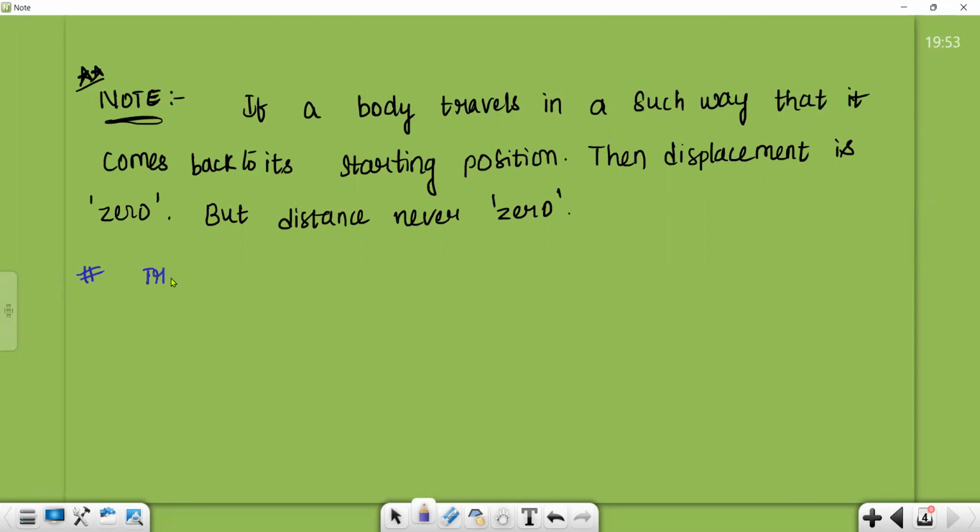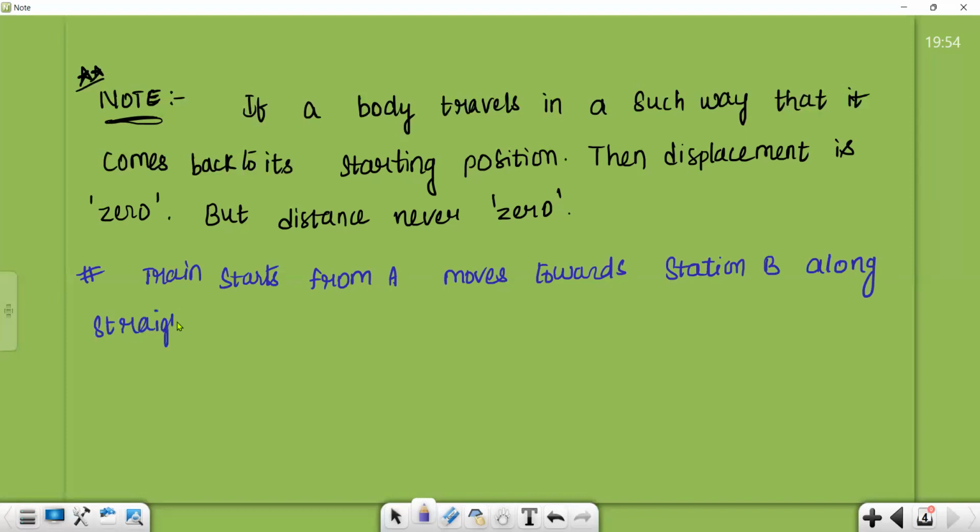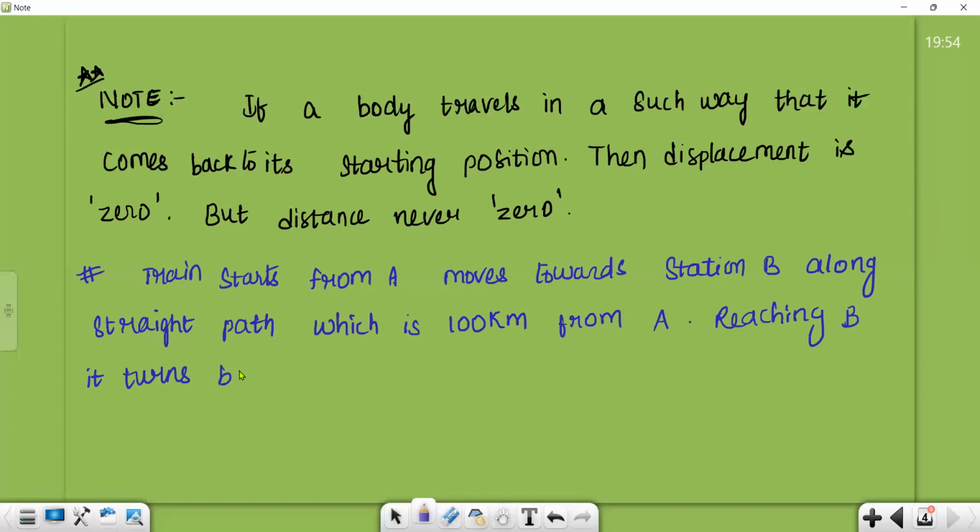A train starts from A, moves towards station B along a straight path which is 100 kilometers from A. Reaching B, it turns back and stops midway between A and B. Find distance and displacement.